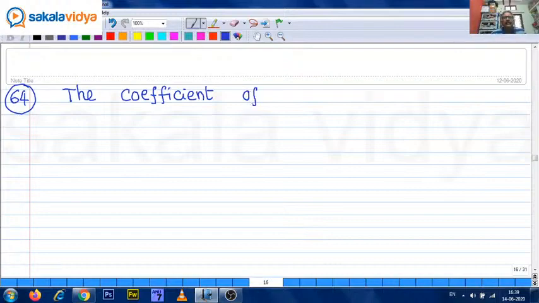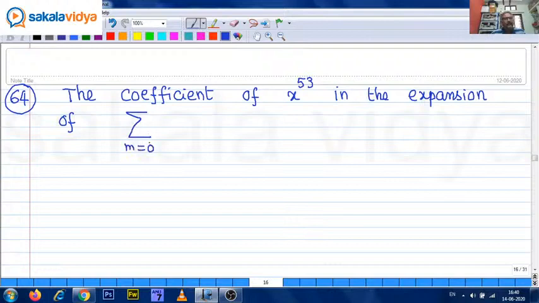Question 64. The coefficient of x to the power of 53 in the expansion of sigma m equals 0 to 100 100Cm (x minus 3) whole to the power of 100 minus m multiplied by 2 to the power of m.